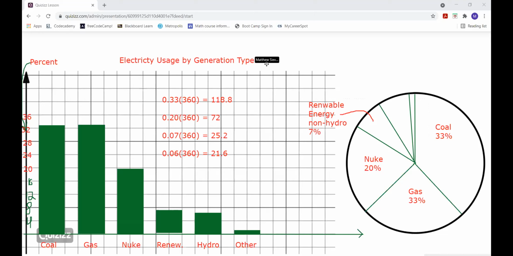Move out of my way. This one is hydro. What do they say? Hydroelectric. Oh, hydropower is what they call it. Okay, let's keep their verbiage. Hydropower.